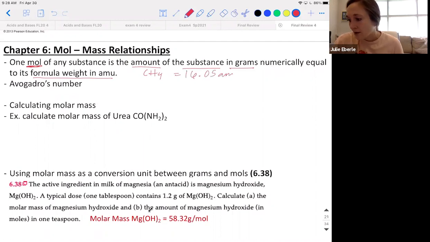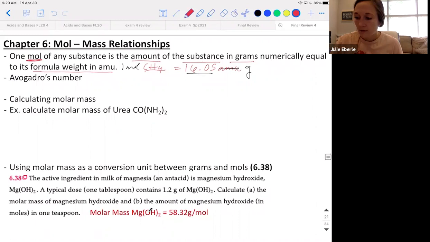Well, AMUs, that's how much one individual molecule of CH4 weighs. But the moment we change this to grams, now we have 1 mole. That's how much 1 mole of CH4 weighs, that many grams. So we didn't change the number, we just changed the unit, and now we have a mole of that substance.